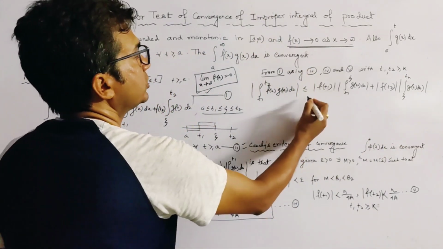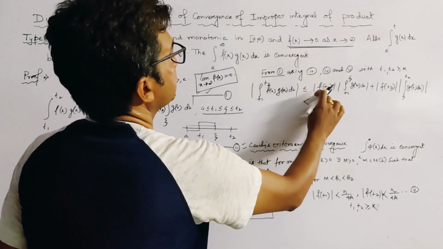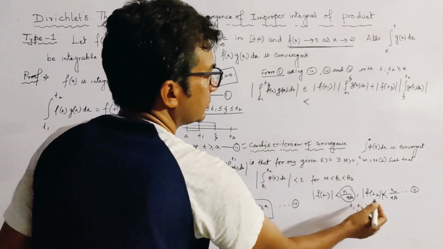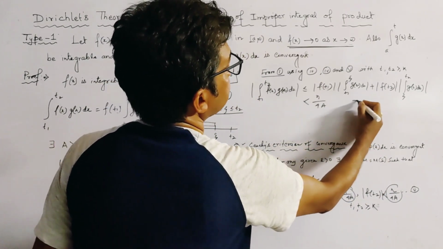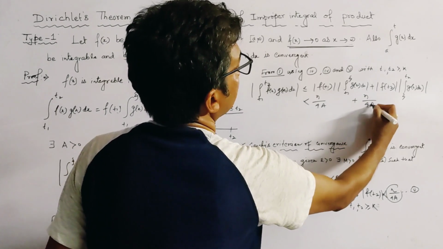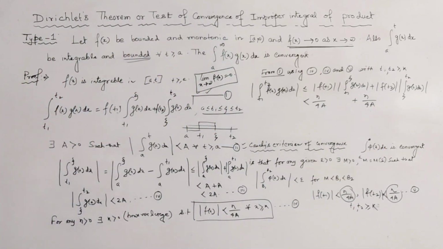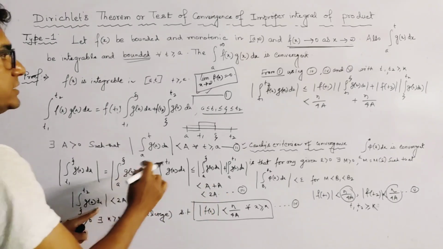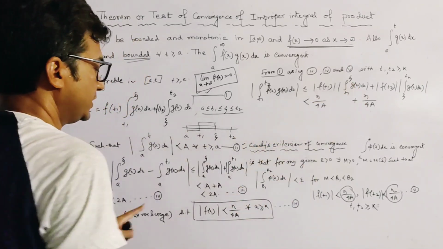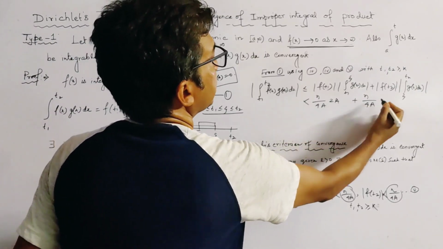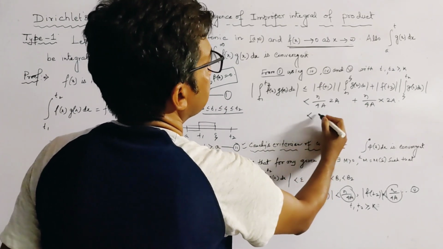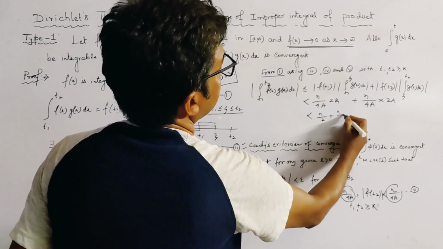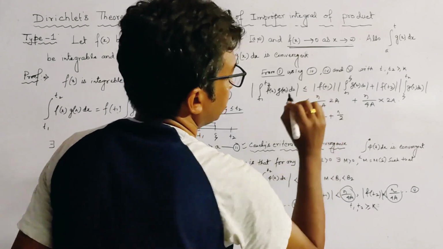Right? We put in this place from these two relations, this is eta by 4a and this is also eta by 4a. And from 3 and 4, in the first integration we write 2a and this is also 2a, and calculating we get eta by 2 plus eta by 2, that is less than eta.